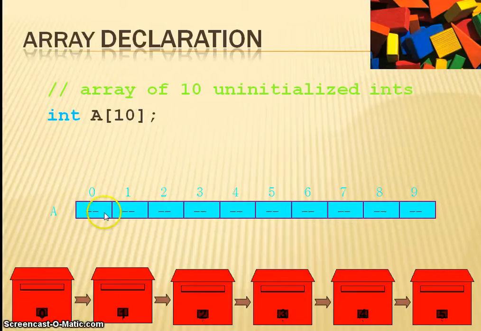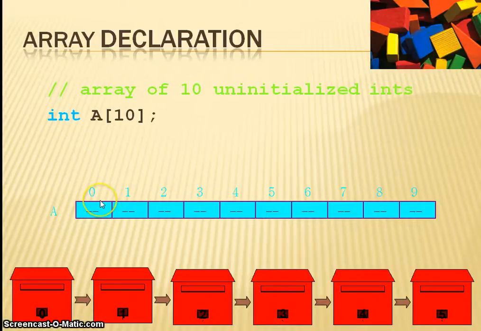So like this, they allocate a memory space in your system for this particular array. We declare the array size as a[10]. So the array space is allocated from 0 to 9, and 10 elements can be stored in this particular array.